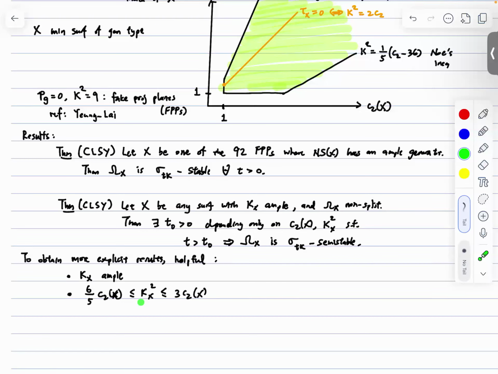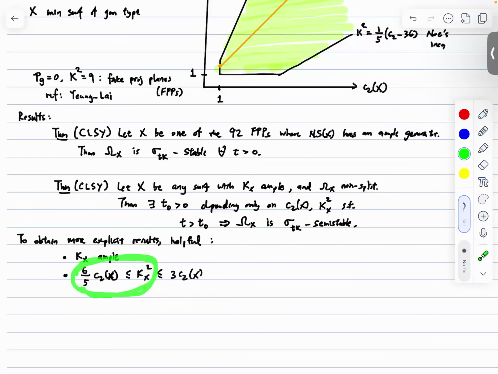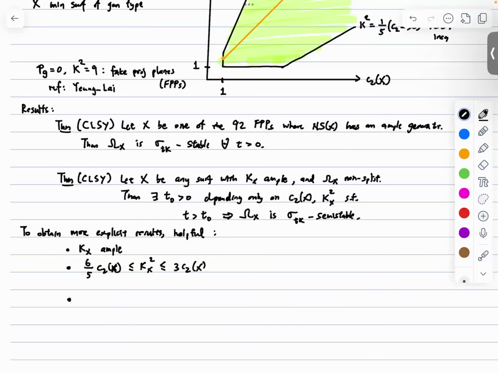This is just the BMY inequality, and we found that this condition will make the destabilizing sequence of the cotangent bundle less complicated. And then in analyzing the destabilizing sequences, it's really hard to say concrete things without knowing the Néron-Severi group and the intersection numbers completely.